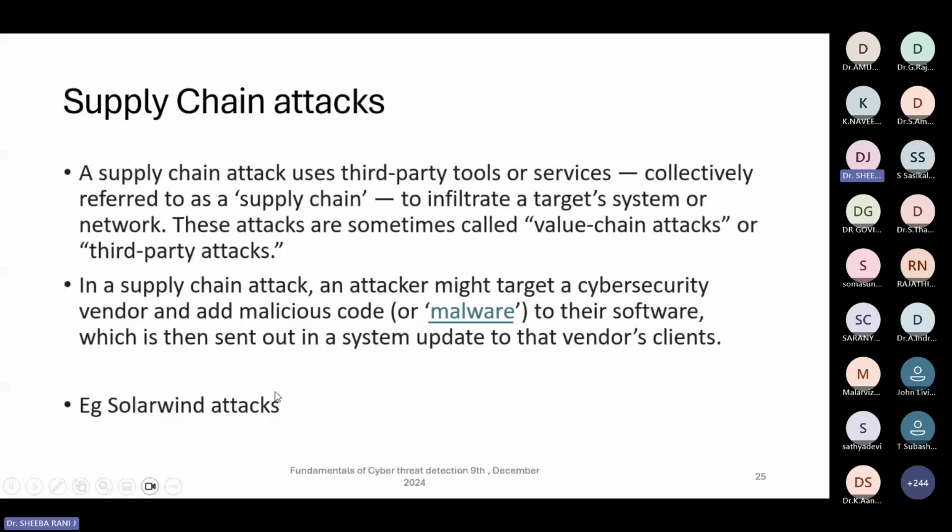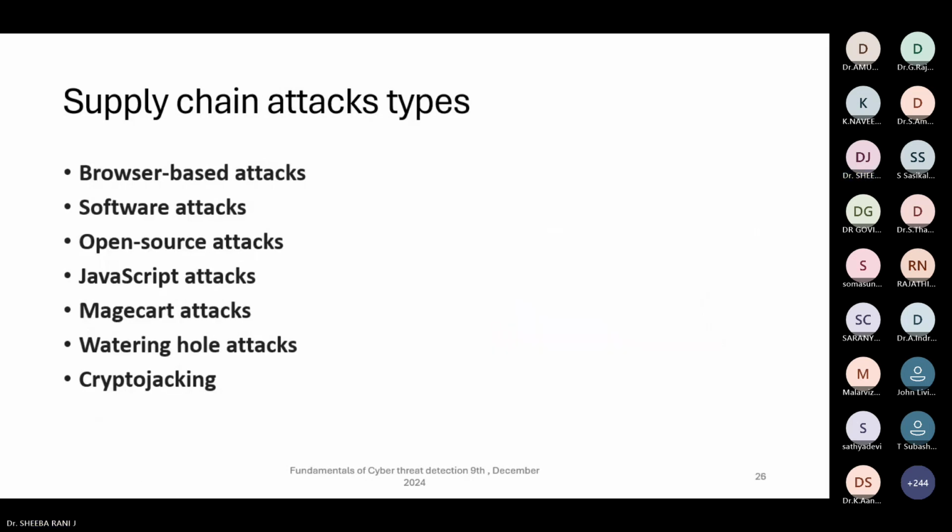This is a famous attack; you can also refer to it. An example of a supply chain attack is the SolarWinds attack. It is a company you can refer to, because when I went through the literature it was given as a good example that happened recently.